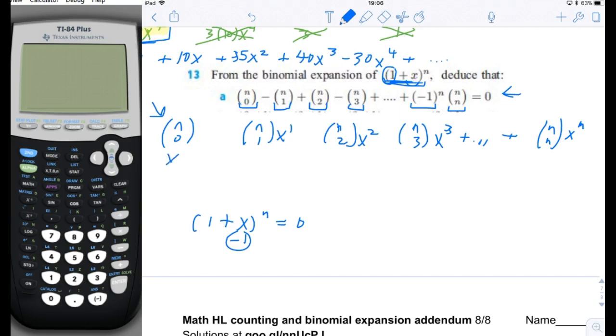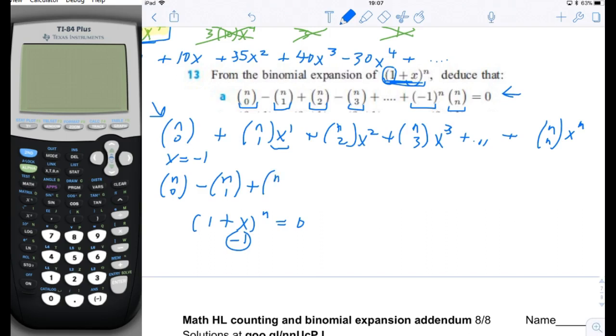So we'll say, okay, x is equal to negative 1. Let's see what happens. So the first few terms, it's going to be n0. These are all plus, by the way. n0 minus n1. And why would it be minus n1? Because if you put negative 1 in for x, you're going to have negative n chooses 1, right? And the x variable goes away because you've substituted in negative 1.